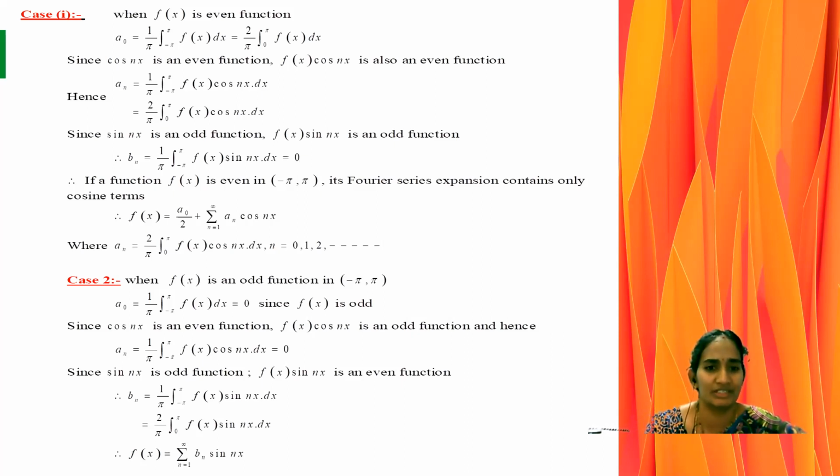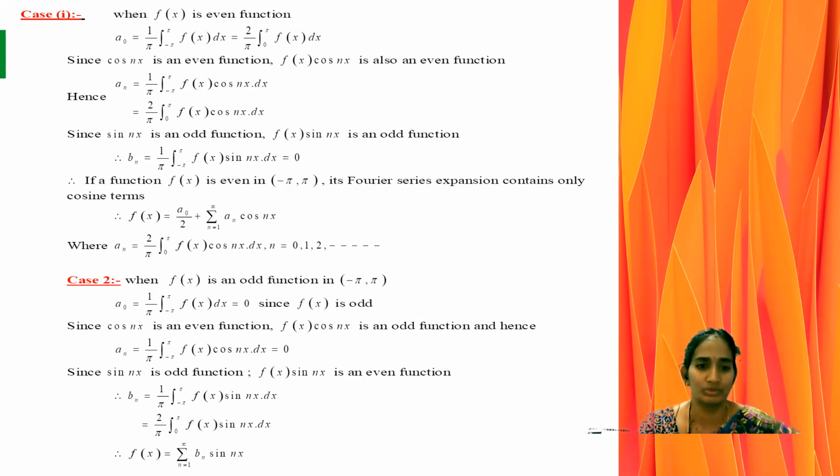So here the total is 0. When f of x is an even function in the interval minus pi to pi, its Fourier series expansion contains only cosine terms, because the sine term into even is 0. f of x equals a naught by 2 plus the summation from n equals 1 to infinity of an cos nx. So if the given function is clearly even, just find a naught and an by substituting the formula. There is no need to find the Bn value. an equals 2 by pi integral from 0 to pi of f of x cos nx dx, for n equals 0, 1, 2.